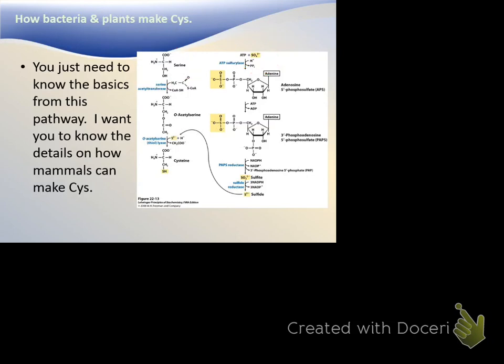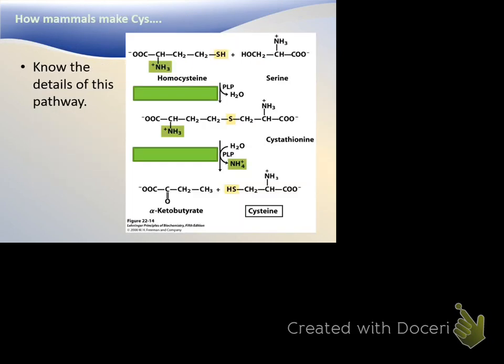But I do want you to know the way the mammals do it. We only have 2 steps. Because we're simpler than that, yes. It comes from serine, but with the plants and bacteria, it only came from serine for the backbone.